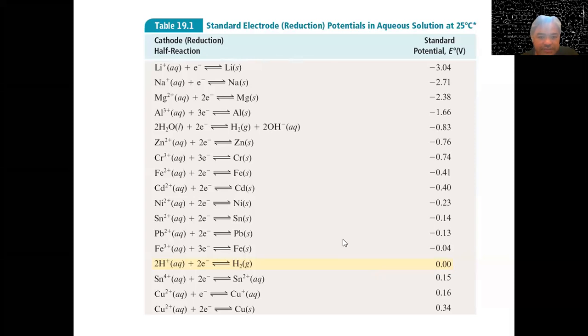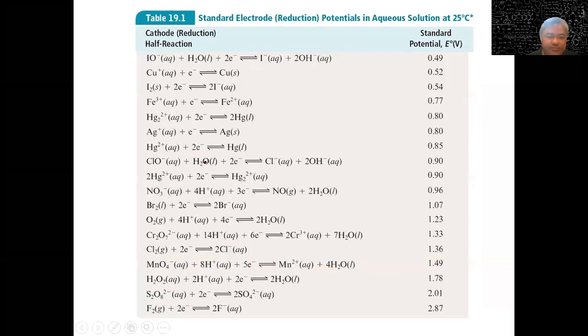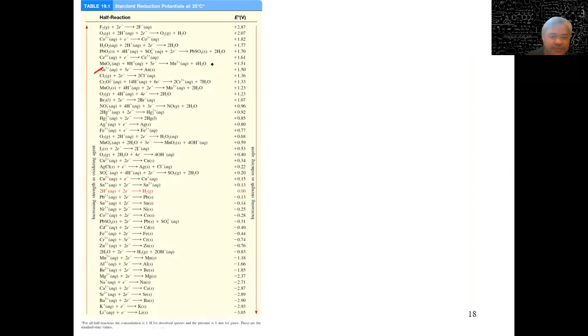Naka-share ba yung table? Yes. So you have aluminum, gold, you have a copper. Nasaan na yung gold? Baka nandito. May gold ba? Wala. Pero meron ako doon sigurado. Here. So you have what?